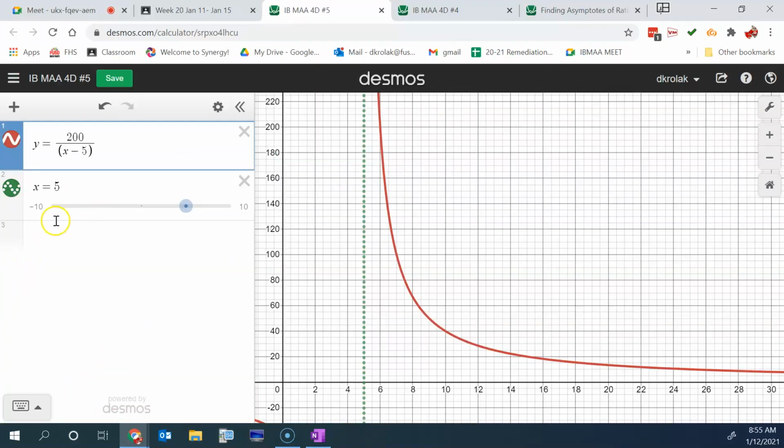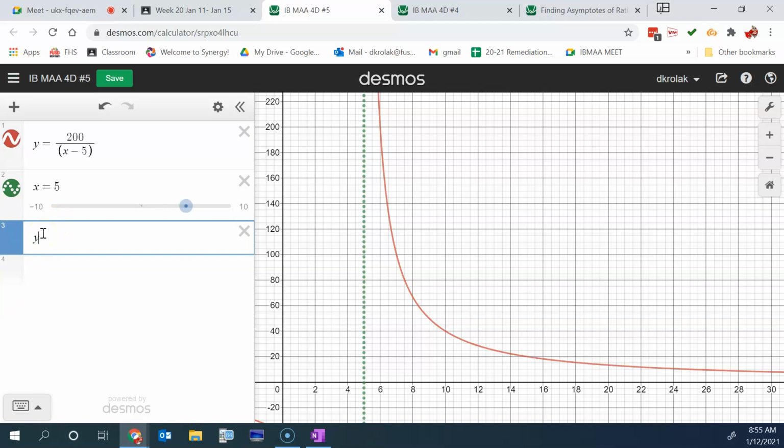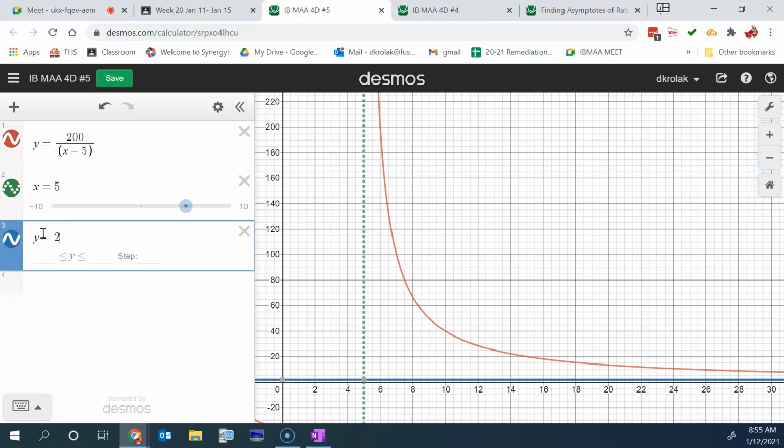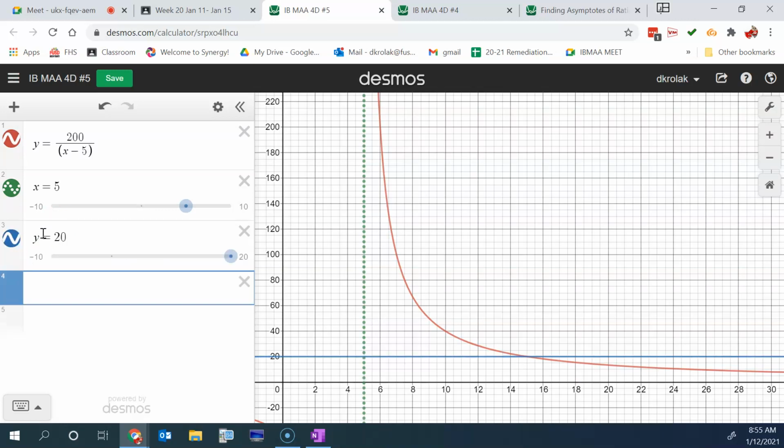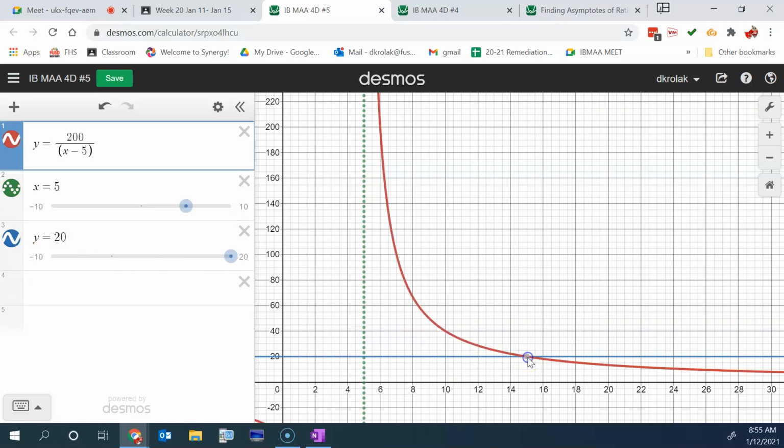Okay. x equals 5 and y equals, there's your number of sessions, 15. So as you attend more sessions, your cost per session obviously is going to go down.